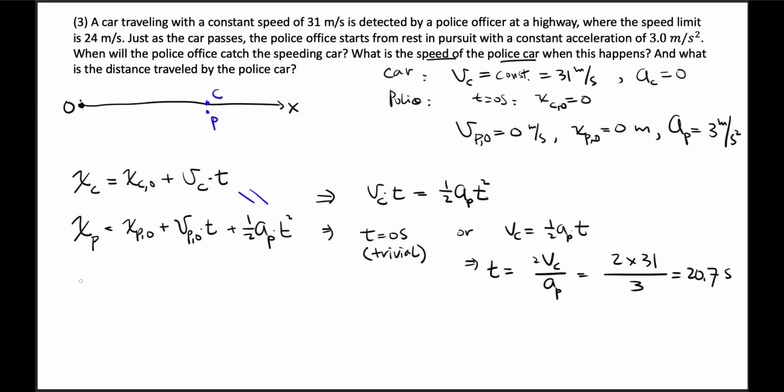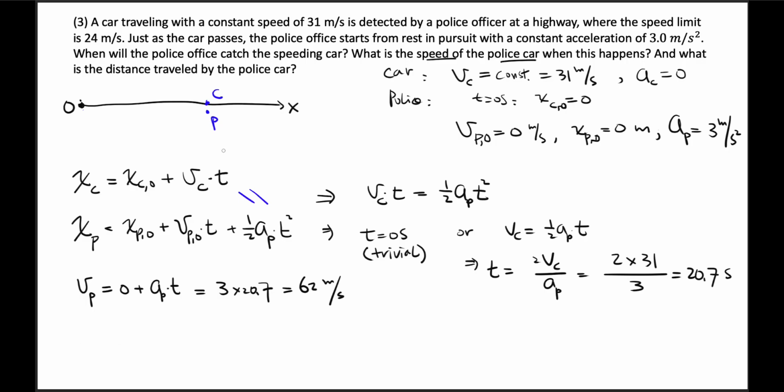So let me write down this velocity of police equals the initial velocity, which is 0, plus AP times t. Okay, so that equals 3 times 20.7. So that equals approximately 62 meters per second.